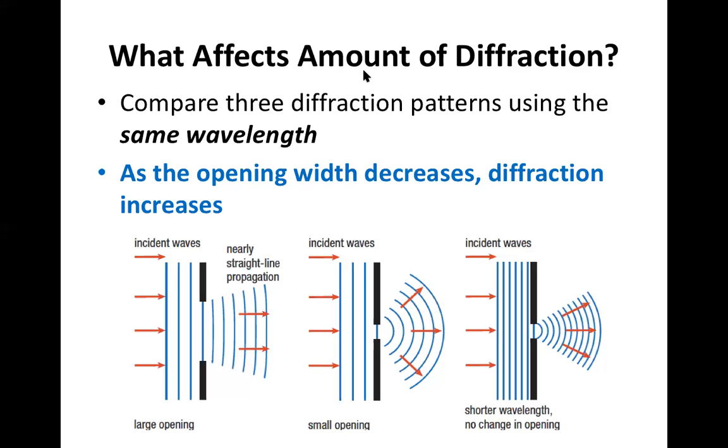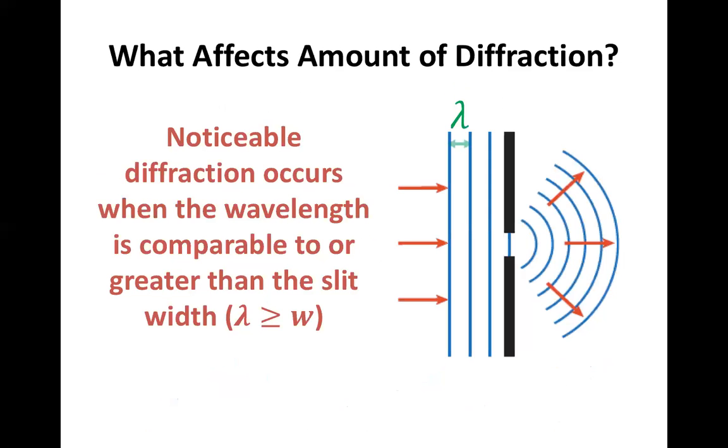Okay, let's go back to this slide and try this again. Here and here we have the same wavelength. When the width gets smaller, you get more diffraction. From this diagram to this diagram, the width was the same, and if the wavelength got smaller, then you get less diffraction. So the two things that give you more diffraction are a longer wavelength or a smaller slit width compared to the wavelength.